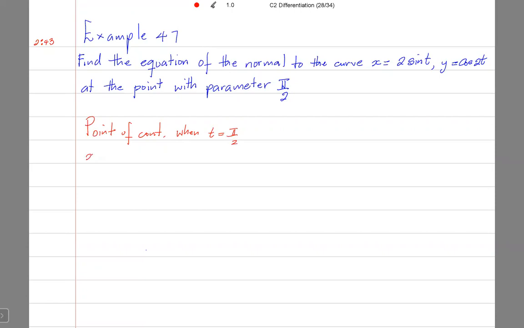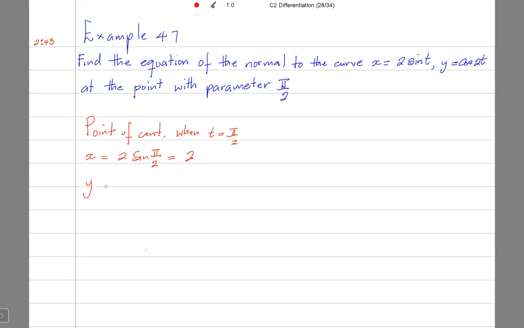We get x is equal to 2 sine pi by 2. Now, the sine of pi by 2, which is 90 degrees, is 1. So when t is pi by 2, x is equal to 2, because 1 times 2 is 2.